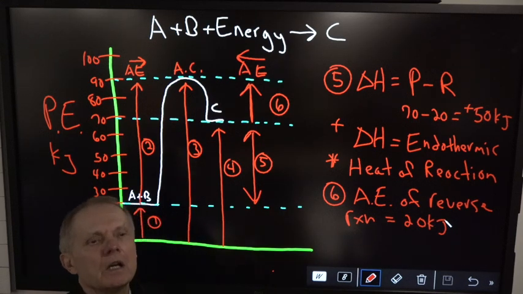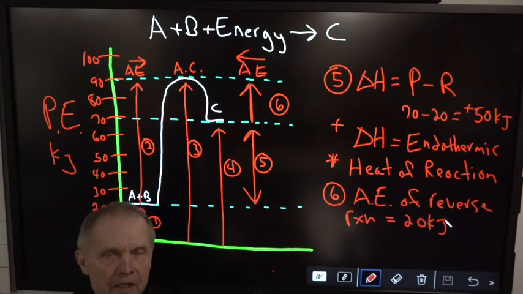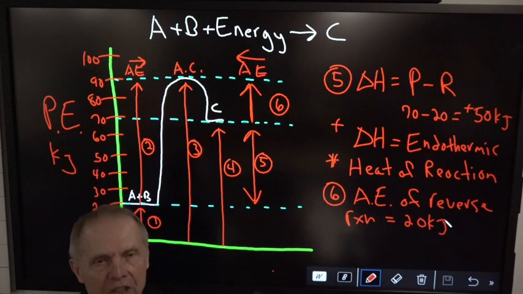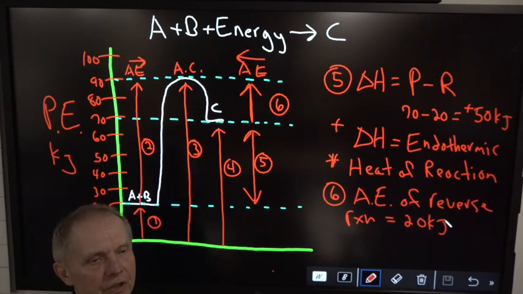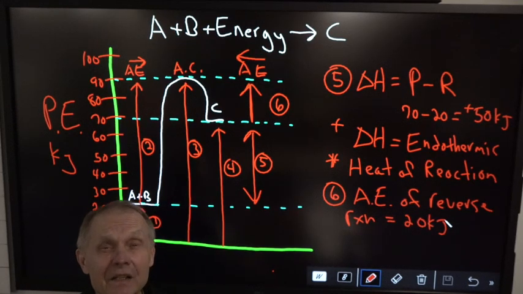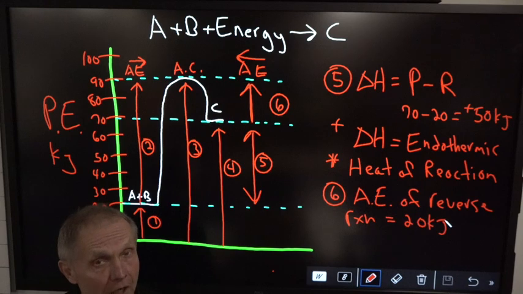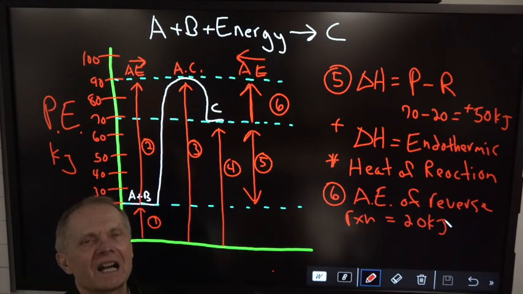Increase surface area, increase the rate of reactions. Okay? If we add more concentration, increase collisions, increase rate of reaction. And if we don't have too many bonds to break in the reactants, that will make the reaction go faster. Now the last one is if we add a catalyst.